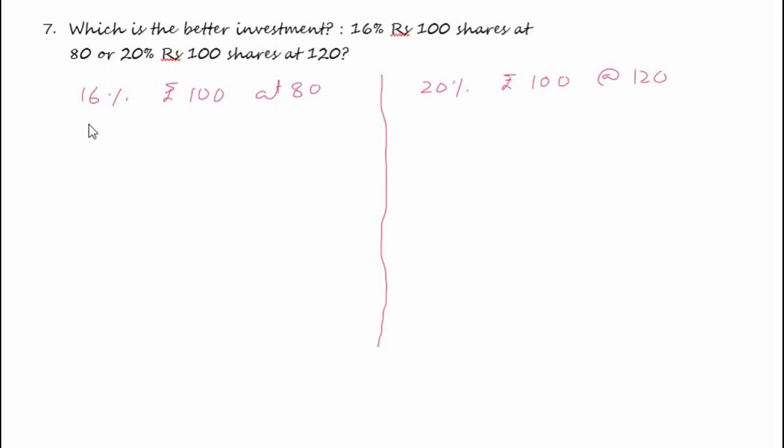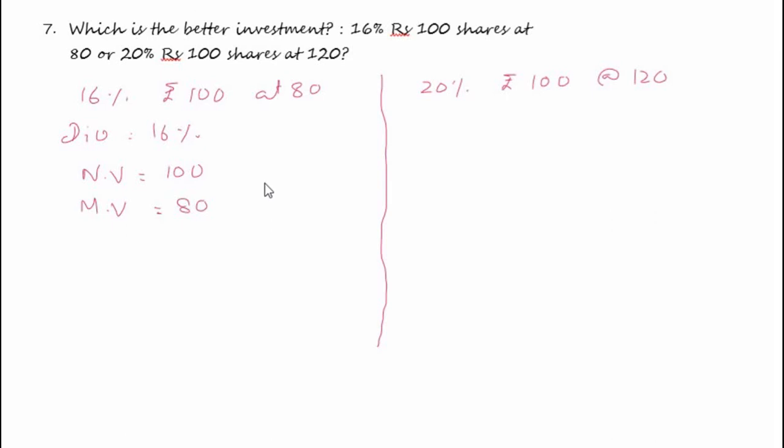Okay, let us find. Now 16% is the dividend. So dividend is 16%. NV is 100. Market value is 80.